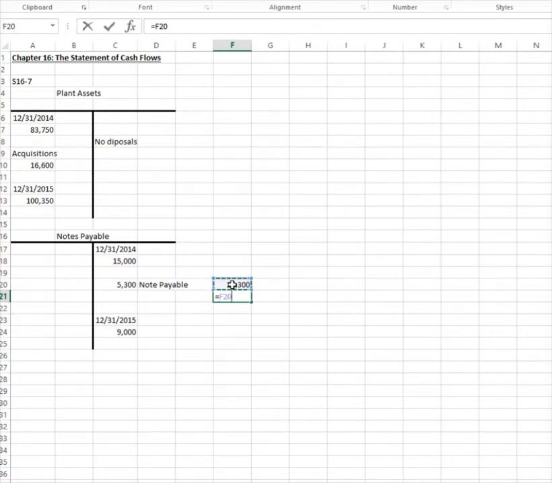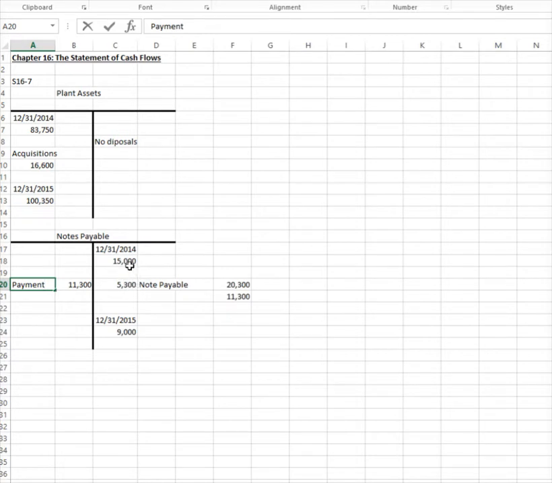I'm going to take this $20,300 and subtract $9,000 because that's what's going to be left over, and I see that the difference between those is $11,300. So that tells me that has to be my payment amount for the year, because a payment within notes payable shows up as a debit because it's reducing my overall liability.